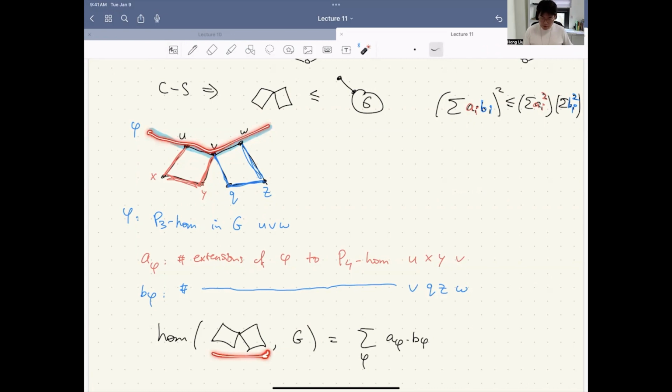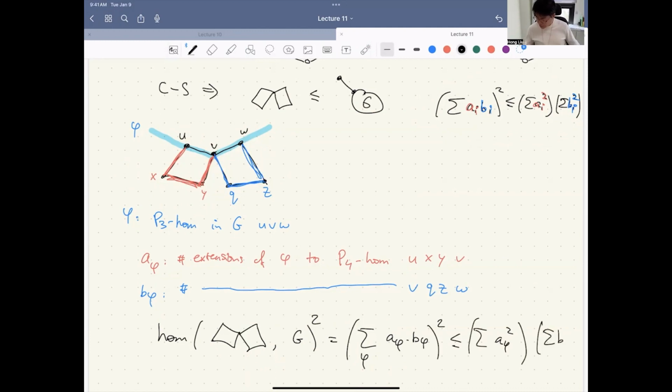You first fix phi, so sum over all phi. You then embed this part, A phi choices. Then you choose this part, B phi choices. Multiply them together, and you get a homomorphism of this guy. Then use Cauchy-Schwarz. This is at most the sum of A phi squared times the sum of B phi squared.